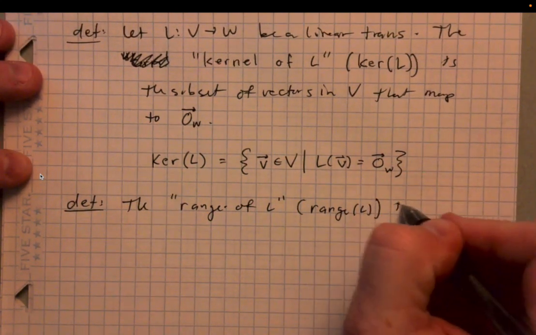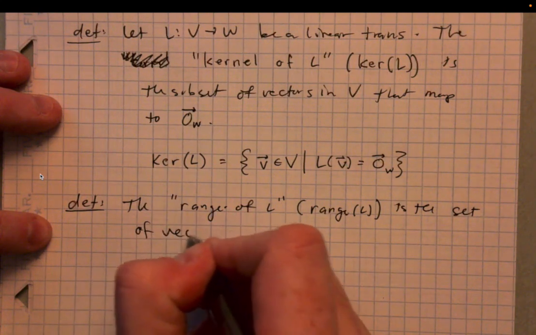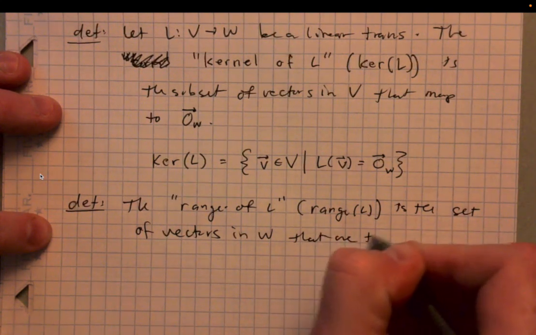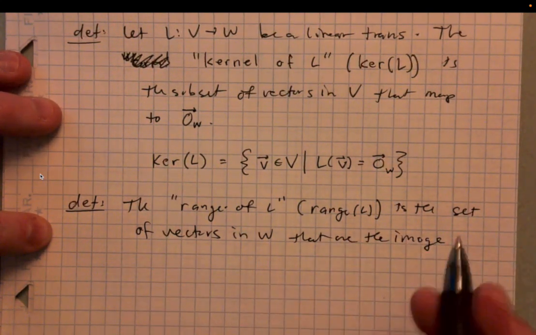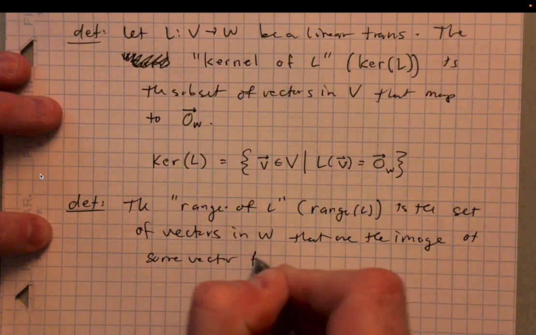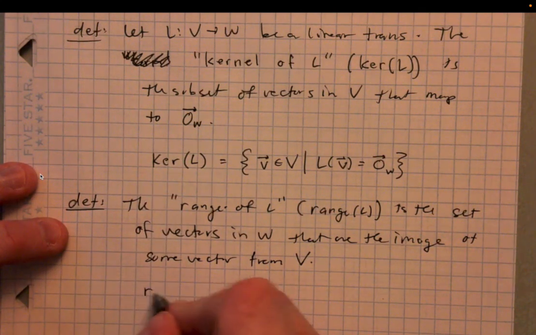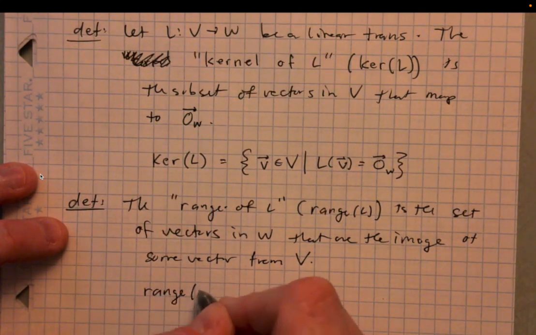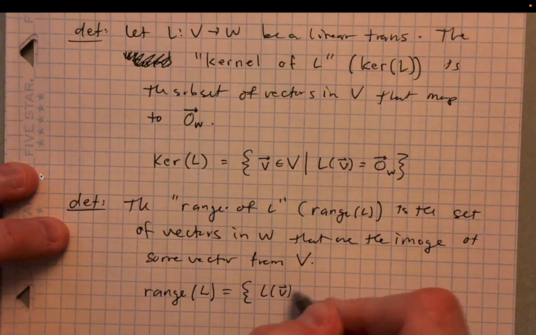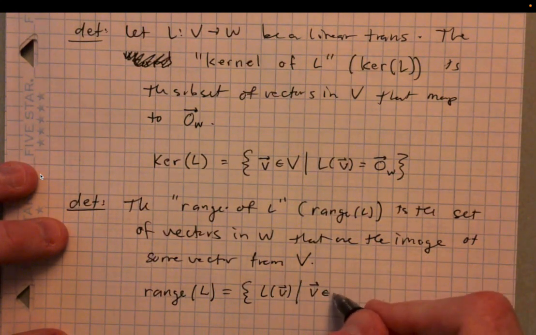The range is the set of vectors in W that are the image of some vector from V. We can put this in set notation: the range of L is equal to the set of images L of v such that v is in V.